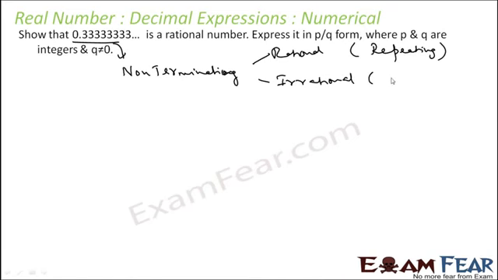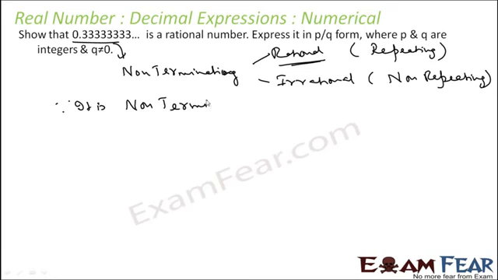In case of irrational, it will be non-repeating. So let's check. It is repeating. Since it is repeating, it is a rational number. So I can say that since it is non-terminating and repeating, it is a rational number.